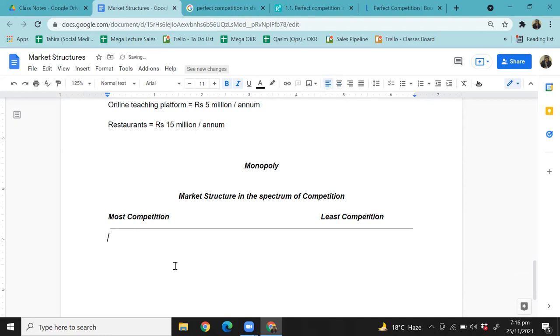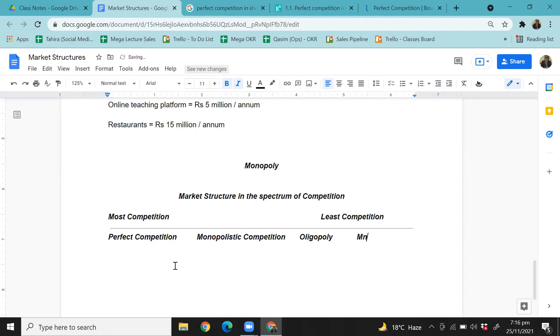The most competition exists in perfect competition, as you would have figured out by now. Then comes monopolistic competition, which we haven't discussed yet, but we'll talk about it later. Then comes oligopoly, and the least competition out of all four market structures is in monopoly. Is that making sense?